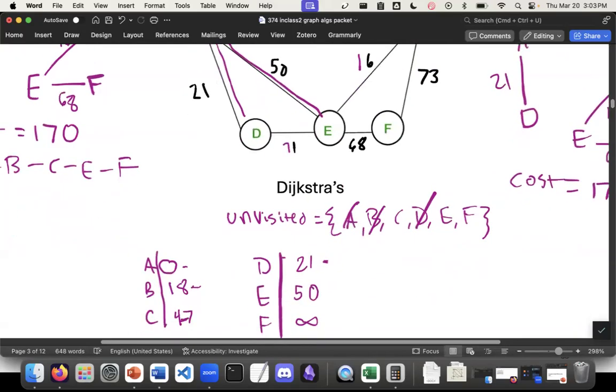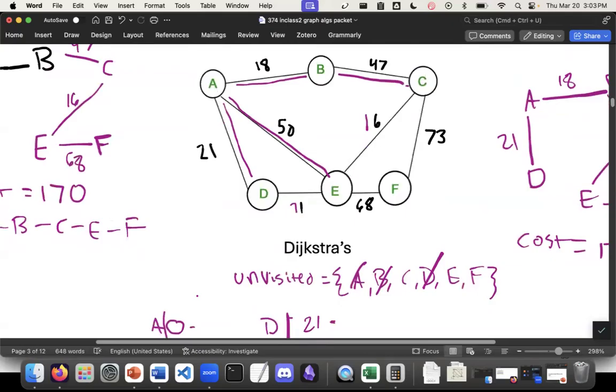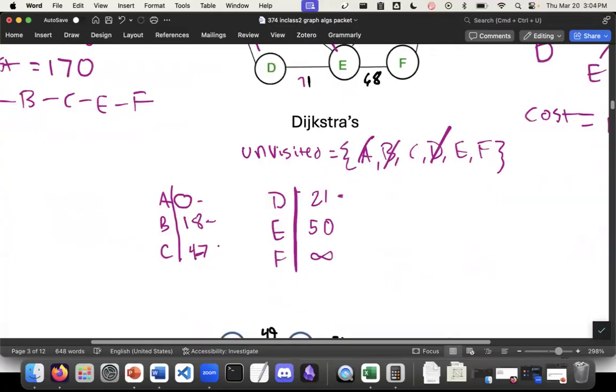Hold on. Wait, I made a mistake. I shouldn't have written down 47 for C. Yes, you add 18 plus 47. 18 plus 47 is 65.